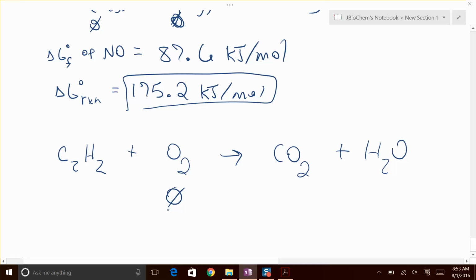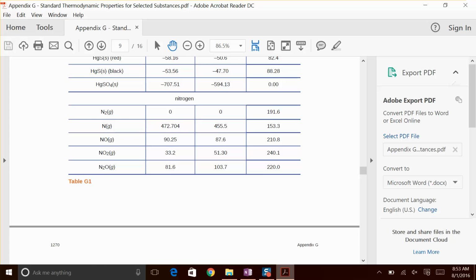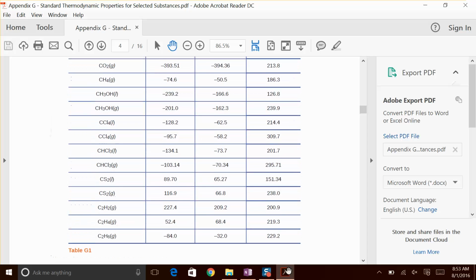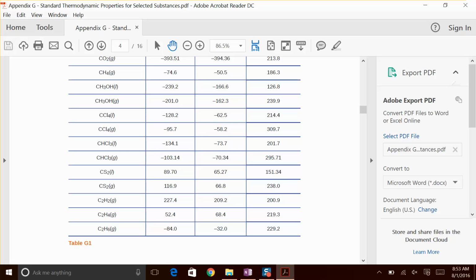We already know that one. We just need it for C2H2, carbon dioxide, and water. So let's find a few of these. Do we exclude water, or is it left in this one, like if it's a liquid?